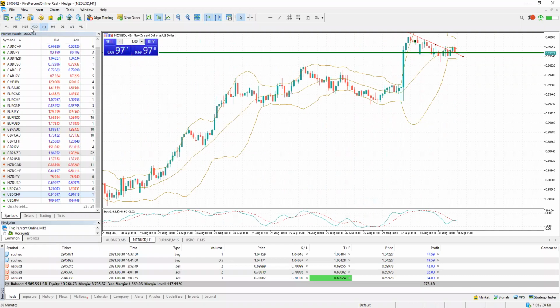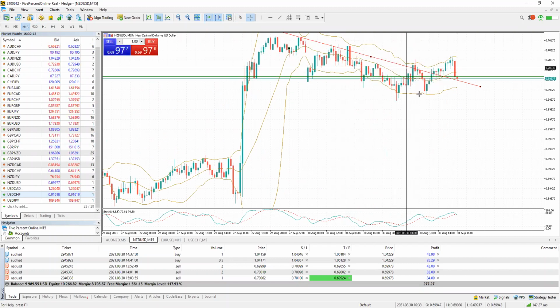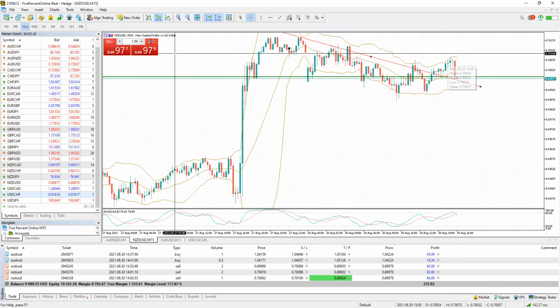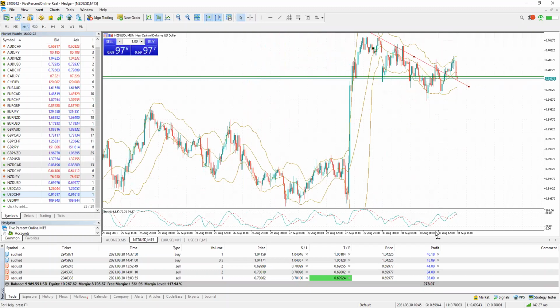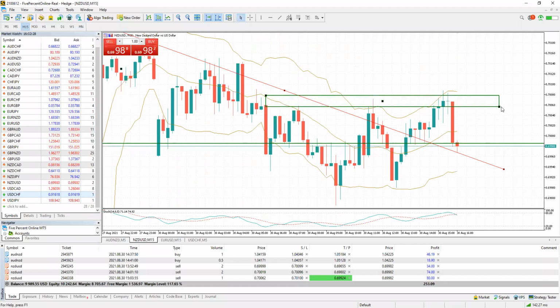When I go to the 30 minutes or the M15, I see that the high is all the time lower than that. I have to be careful because we break a bit here, but when I go to the M15 or the M5, I see that this level still didn't break. So we have this level on the M15 that still works well.